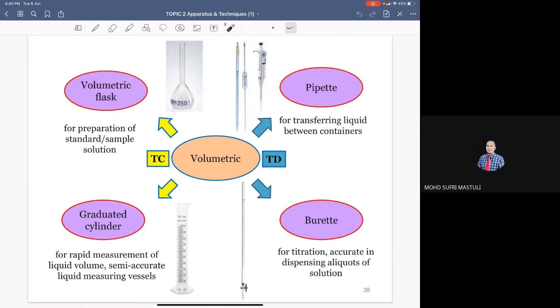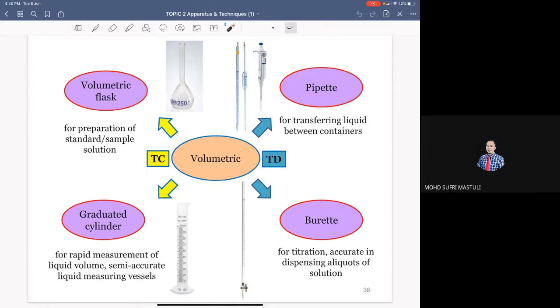The usual glassware that we use for delivering solvent from one apparatus to another is the pipette. We can have several types of pipette like this, or a bulb pipette, and also micropipette.